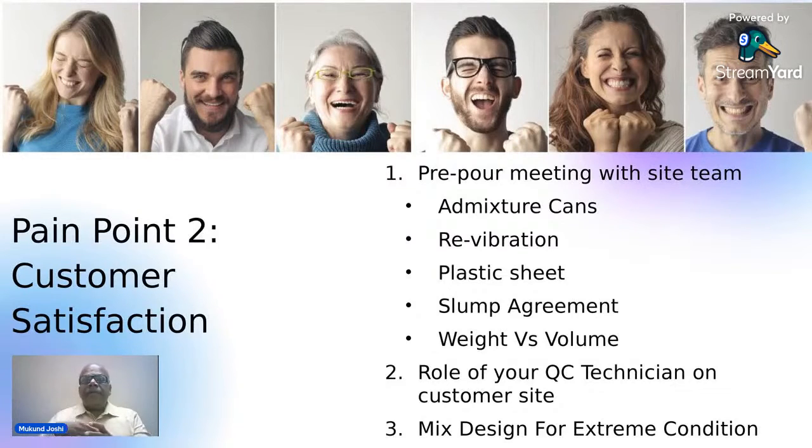If my pump can pump the concrete, you should accept the concrete. This is a debatable issue, but you need to continuously speak about it, and if not today, tomorrow the client would agree to it. We are all discussing pain point number 2, about your pre-pour meeting that you are going to have with your client before every pour.